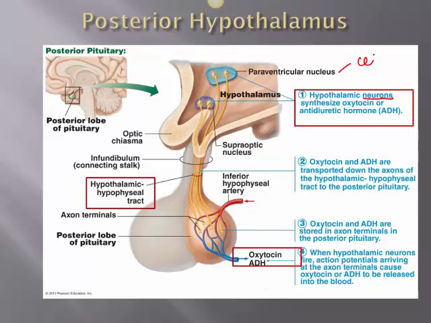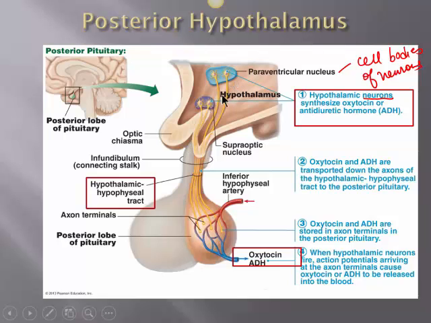Nucleus means where cell bodies of neurons are present. A neuron has a cell body, axons and dendrites, right? So the cell bodies are present here. They produce hormones which travel down the axons, and we'll see what happens when they come to the pituitary gland.